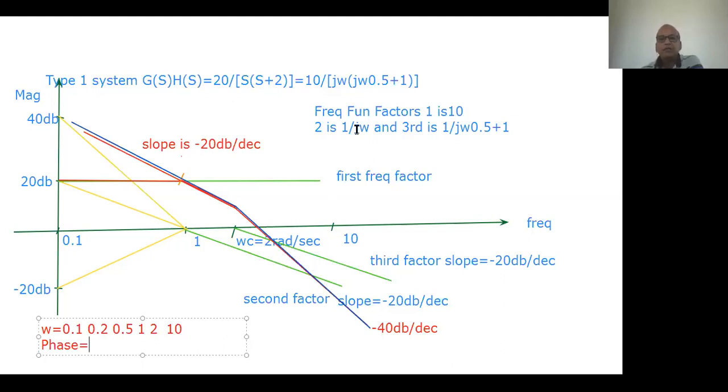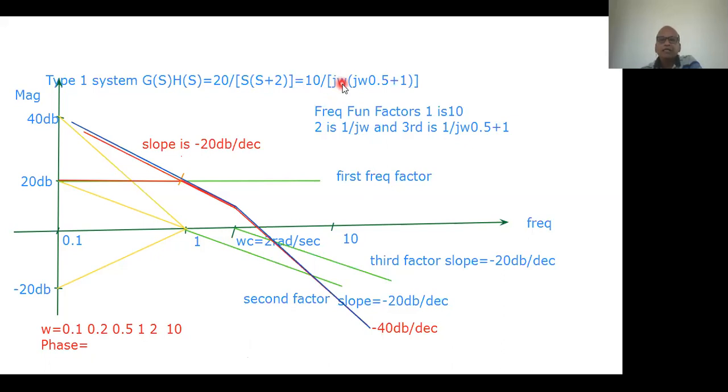The phase angle of this constant term, that is K, is equal to 0. For the single pole at the origin, the phase is minus 90 degrees.